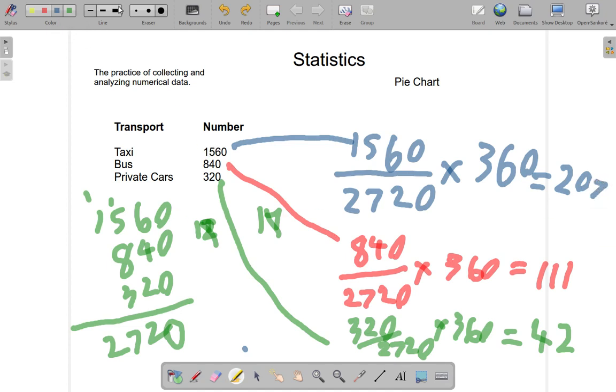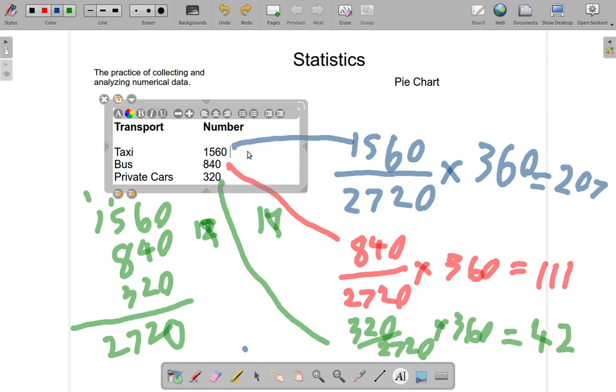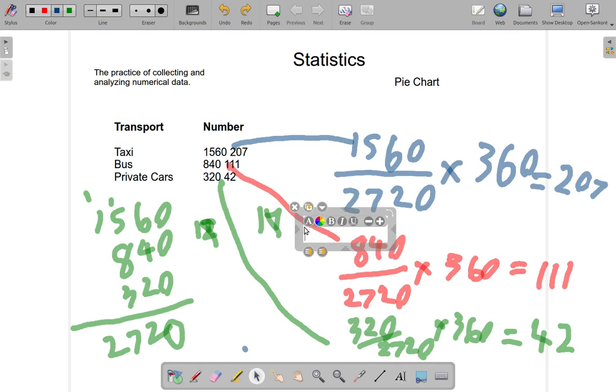So what I have are the angles, and these angles are taxi 207, bus 111, cars 42 degrees. Alright, nice.